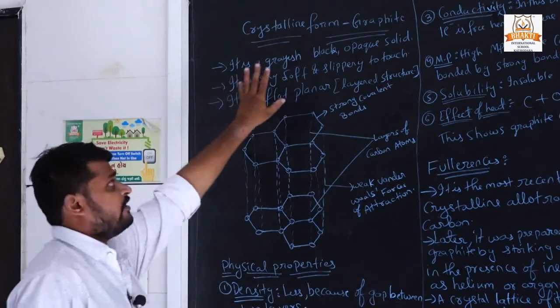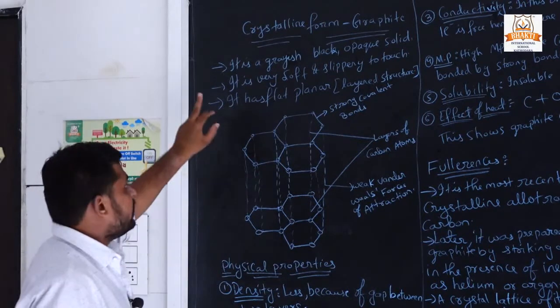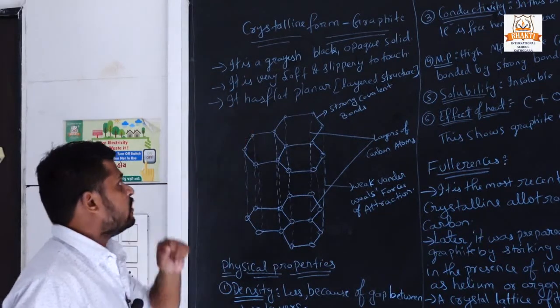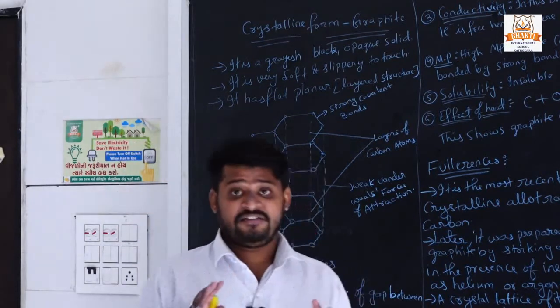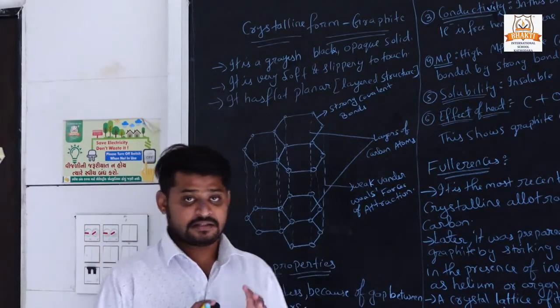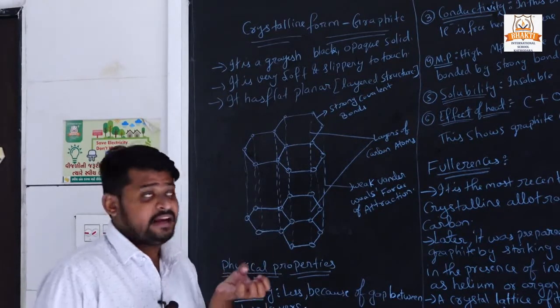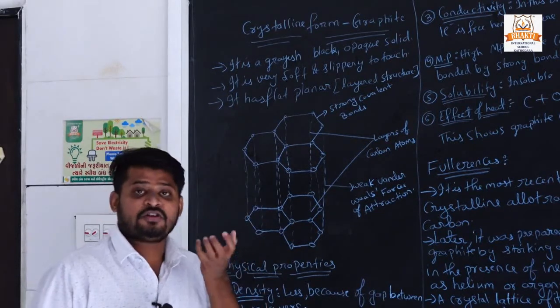First, the crystalline form graphite. It is a grayish black opaque solid, meaning the color of graphite is grayish black and it is an opaque solid. What is an opaque substance?